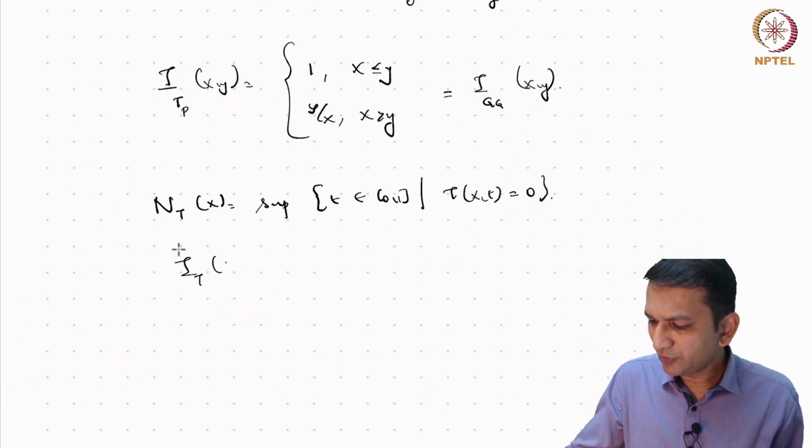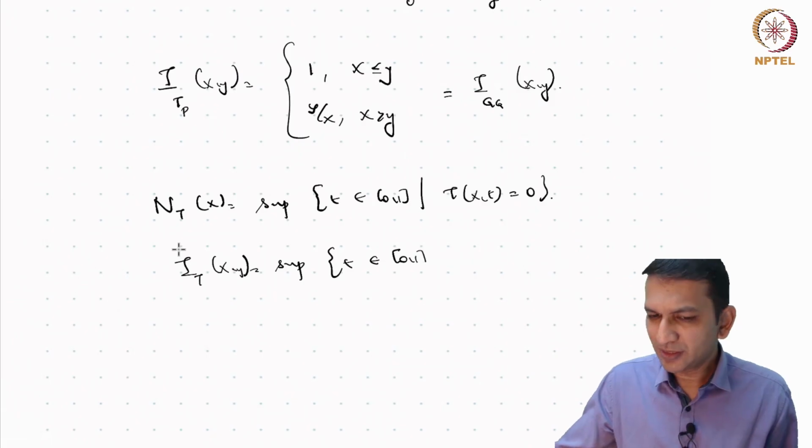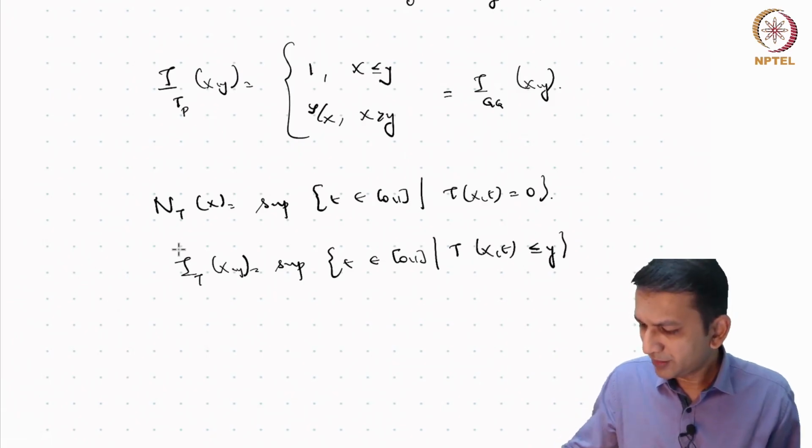Now, I_T(x,y) is defined as the supremum of all those t element of [0,1] such that T(x,t) is less than or equal to y. And we know that the natural negation of an implication is nothing but I(x,0).